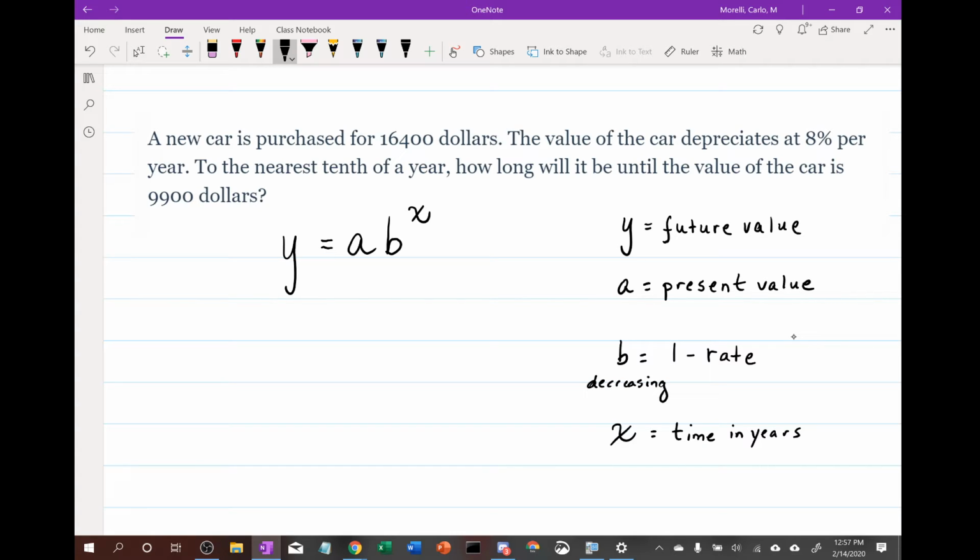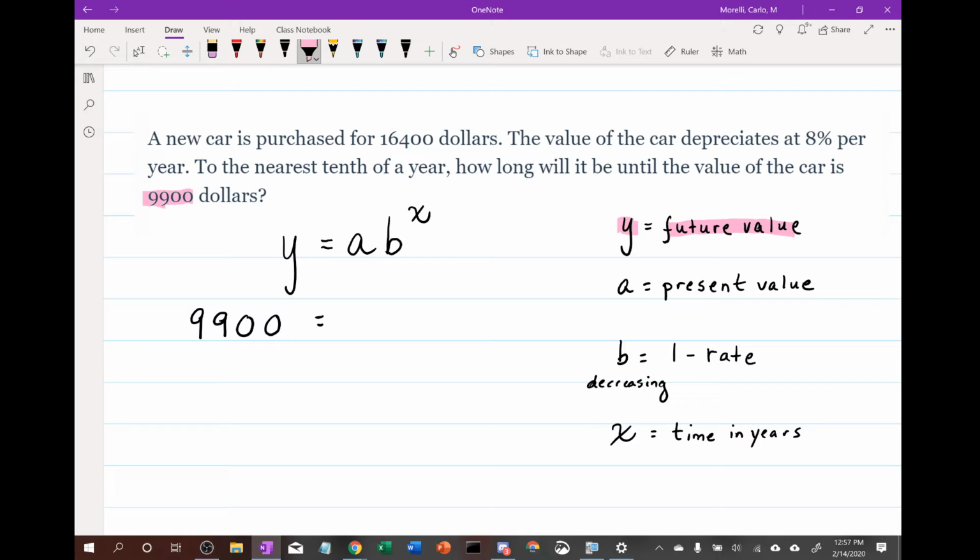So now, J, as you wanted to know, we're going to plug all these numbers in. Let me start with y, which is the future value of the car. What is the future value of this car? I'm going to label these with colors, and then we're going to write it in. So this is 9,900 equals.